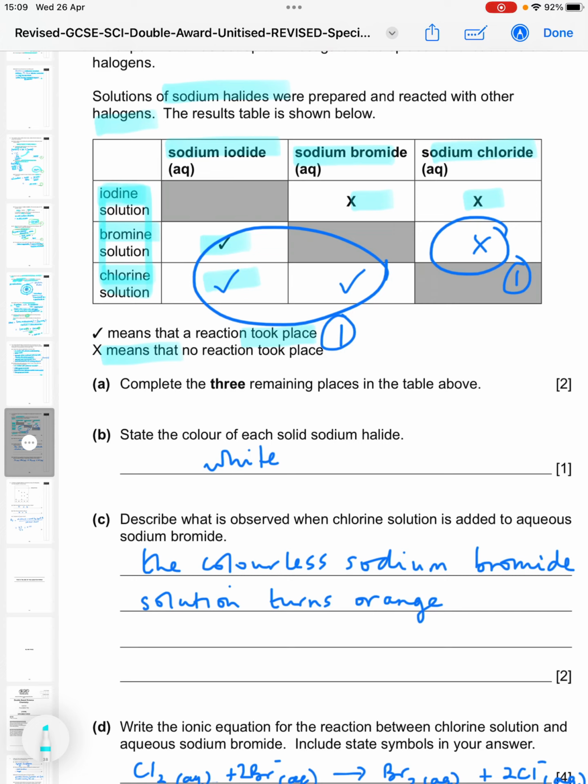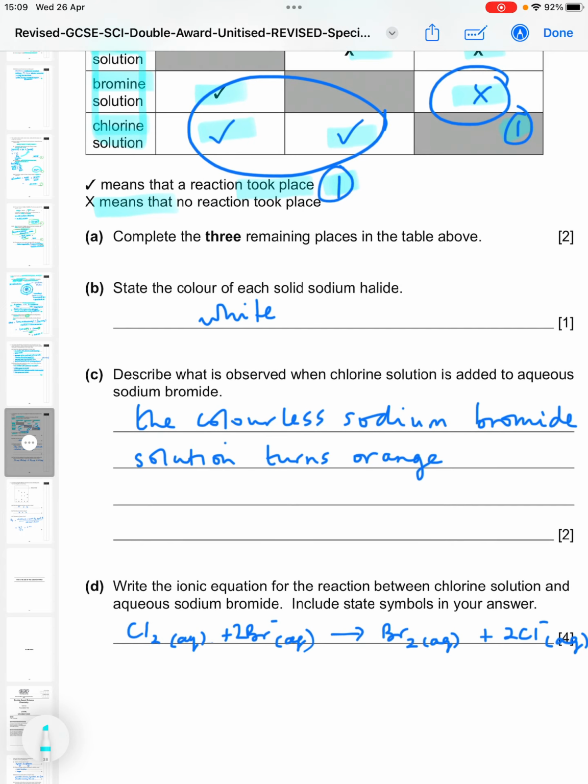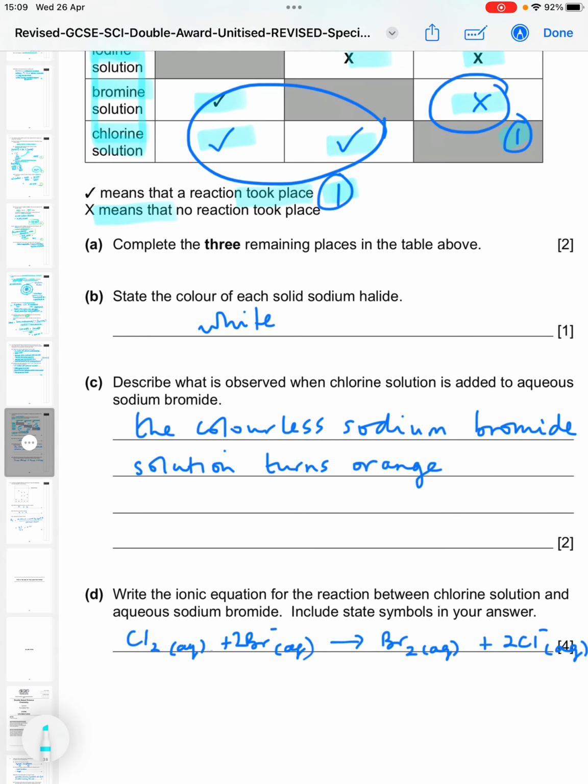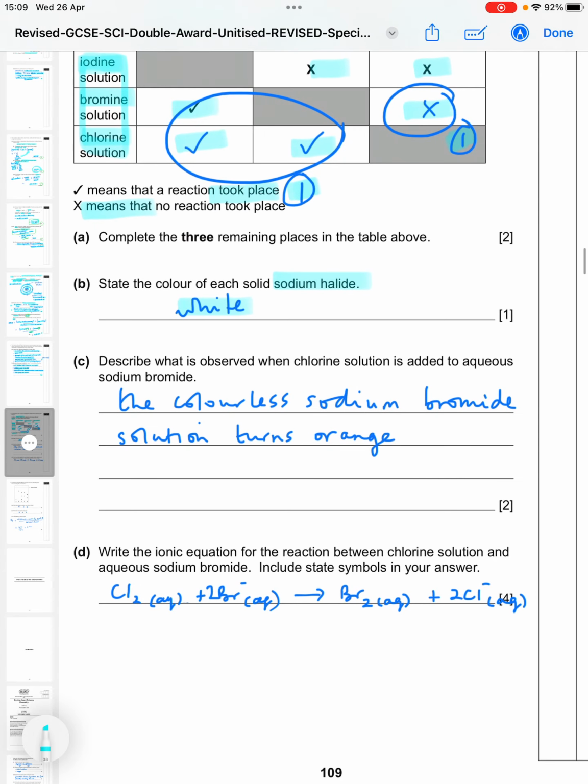So you would have a reaction between the chlorine solution and sodium iodide. Chlorine's more reactive than the iodine, so it's going to push it out of solution. And the chlorine is more reactive than bromine, so it's going to push it out of solution as well. But bromine will not displace the sodium chloride. So you get 1 mark basically for getting the 2 which are ticked and 1 mark for getting one which doesn't happen. Okay?